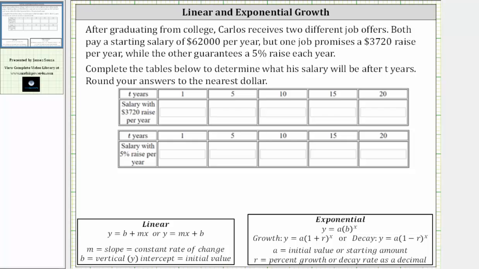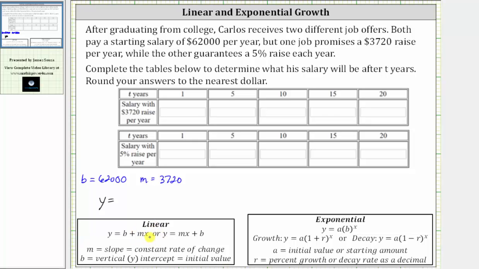So for the linear growth, b is the starting salary of $62,000, and m, the constant rate of change, is the raise of $3,720 per year, and therefore m is 3,720. So for the linear growth, we have the equation y equals b plus mx.